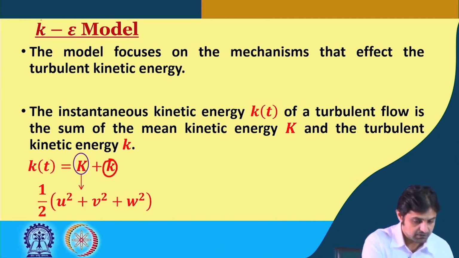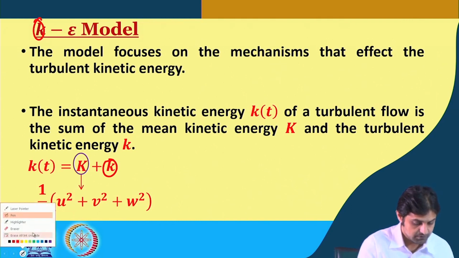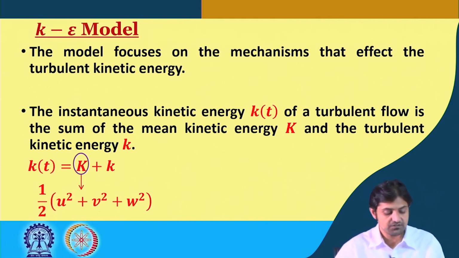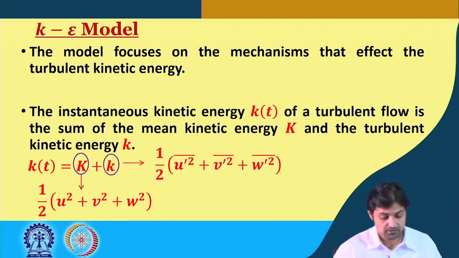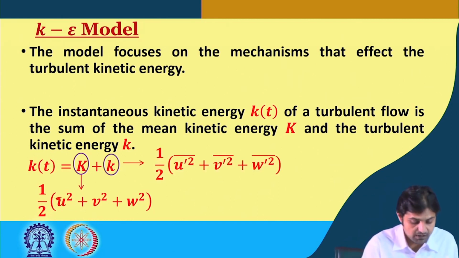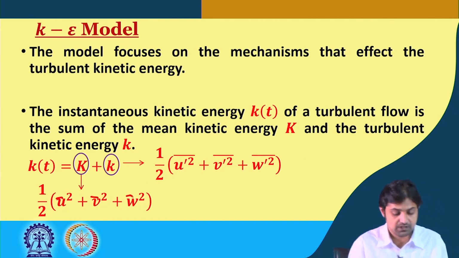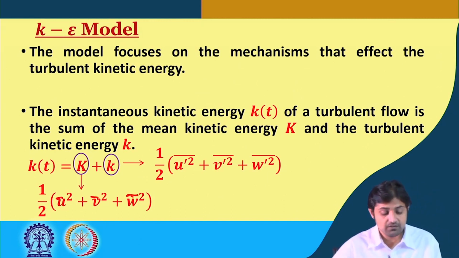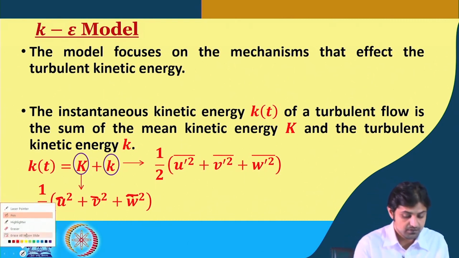Capital K is written as simply half of u bar square plus v bar square plus w bar square. And small k is written as half of u dash square plus v dash square plus w dash square.